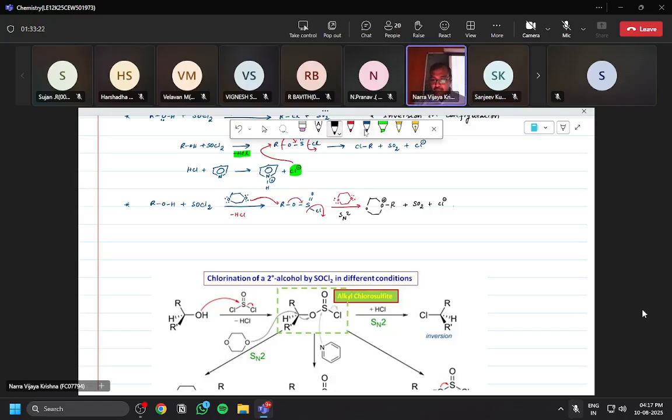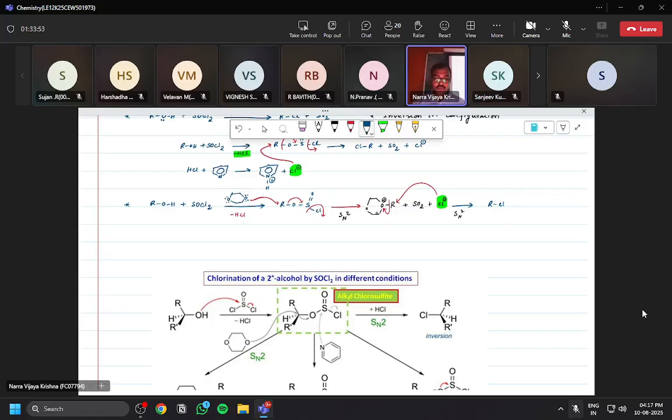Now, in the next step, what happened? This obtained Cl minus attacks from the back, making this leave. Now the reaction proceeded via SN2 again. Correct or not? No need to write this. So the product will be RCl, which was restored.